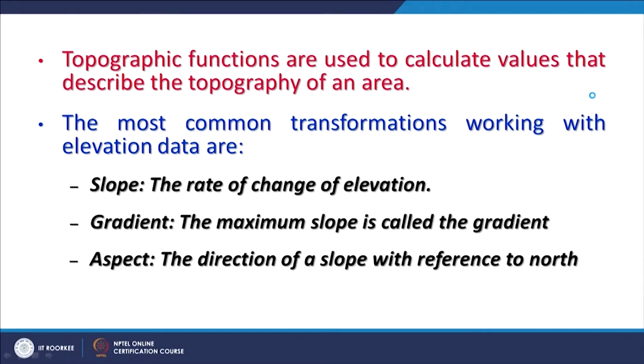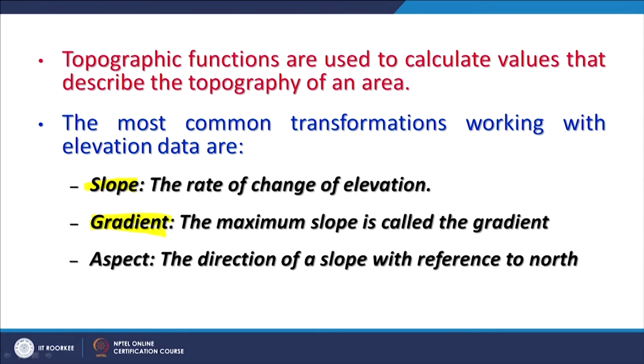So, the most common topographic functions or transformations which we work with on digital elevation models, as I have said, one is the slope, which we can simply define as the rate of change of elevation. So, if two cells have a large elevation difference, then that means the slope there is very high. How much it is, that can also be determined easily through these transformation functions.